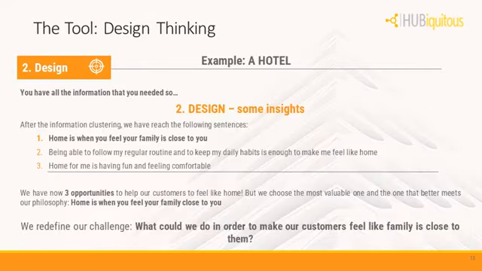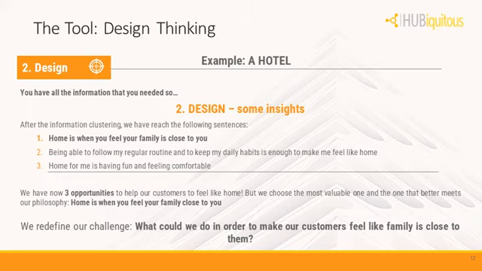So following our example, once we have all the information and we start with the design phase, imagine that you have performed all this clusterization of the information. So we have reached 3 sentences: home is when you feel that your family is close to you; being able to follow my regular routine and to keep my daily habits is enough to make me feel like home; and home for me is having fun and feeling comfortable.